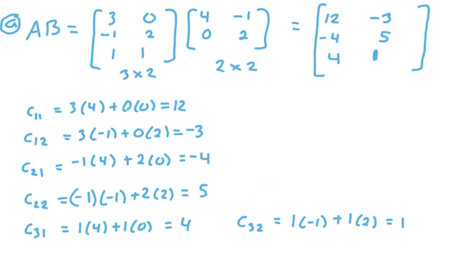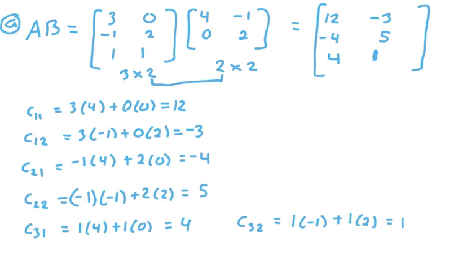Now, I'm going to take A times B and figure out what this matrix is. I want you to notice something. A is a 3 by 2 matrix, 3 rows, 2 columns. B is a 2 by 2 matrix. Notice how the columns of A match the rows of B. So we can talk about the product AB.